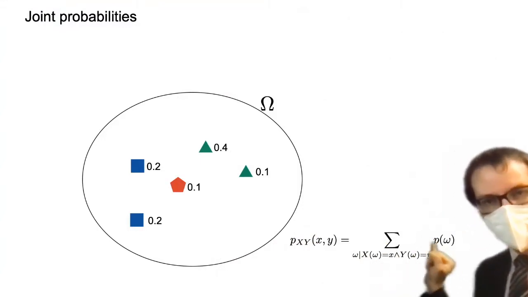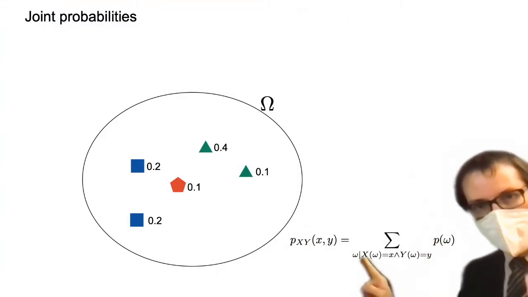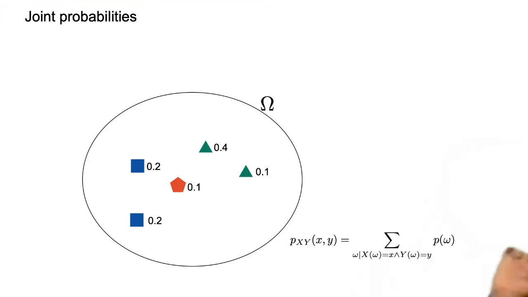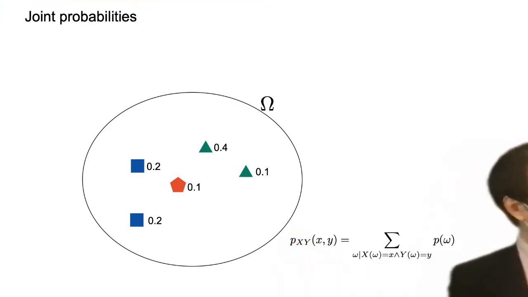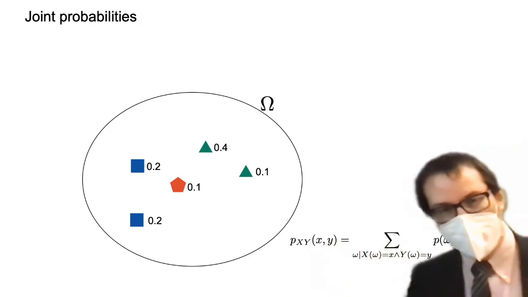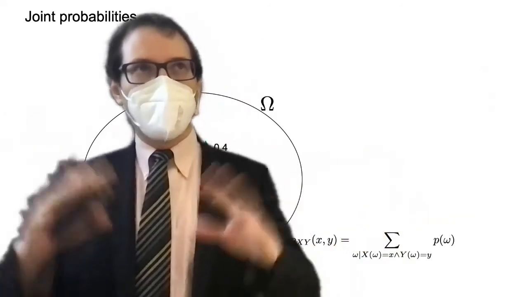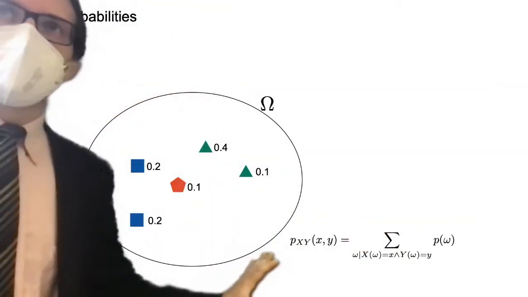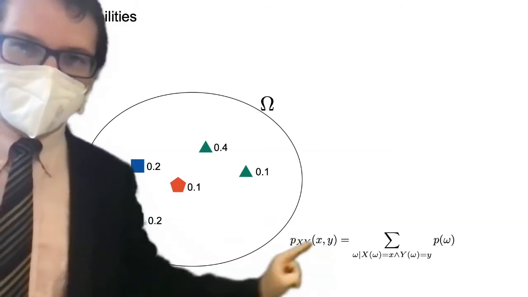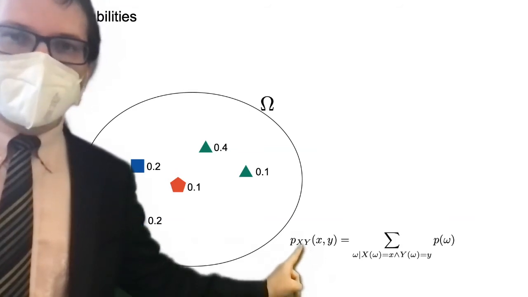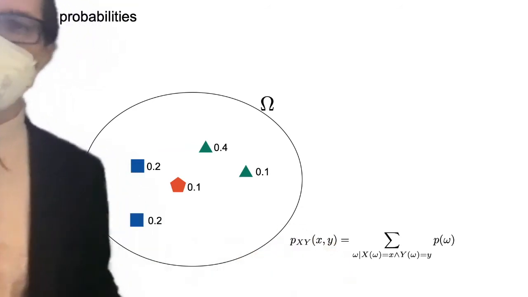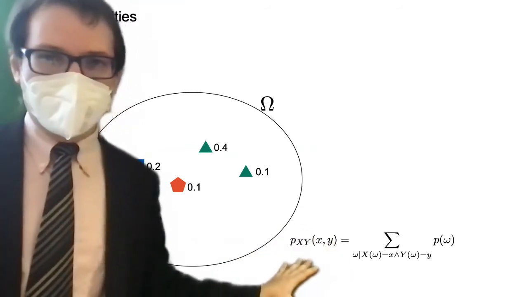It's basically summing over all elementary events so that big X equals small x and big Y equals small y, which makes it, again, obvious that the big X and the big Y are random variables, and the small x and the small y are mathematical variables that replace a constant value. All right, is that clear? This is called the joint probability distribution. It can also be written as P of big X equals small x and big Y equals small y. That's an alternate notation. Actually, that's the one I might use during the lecture.